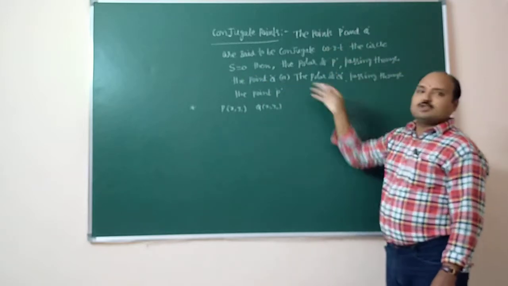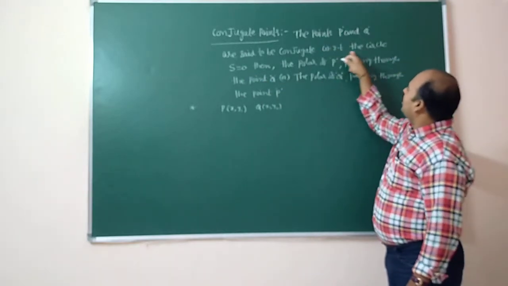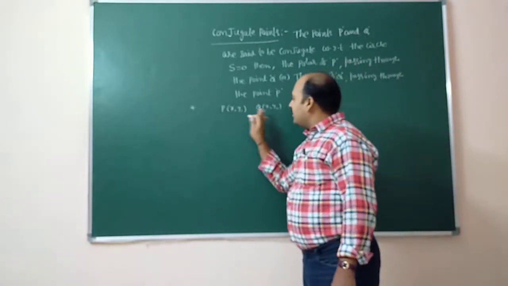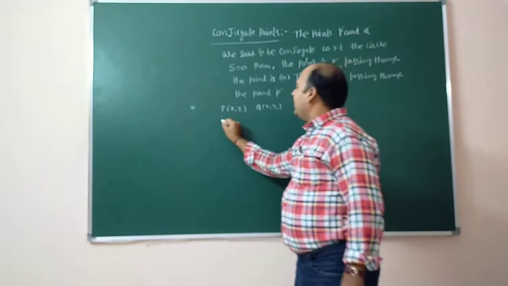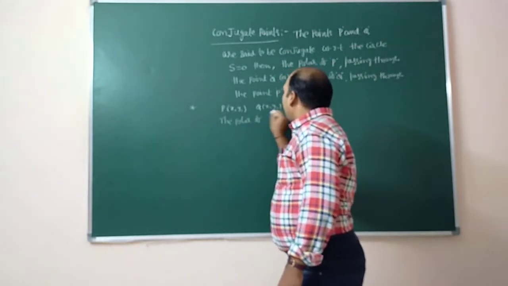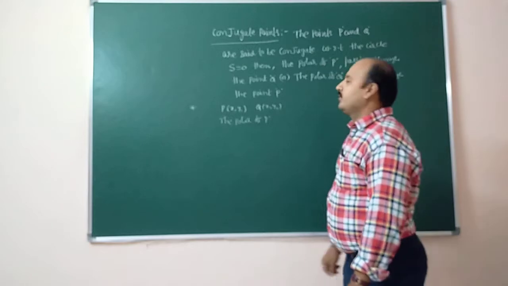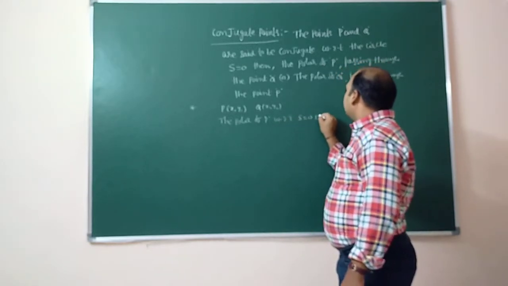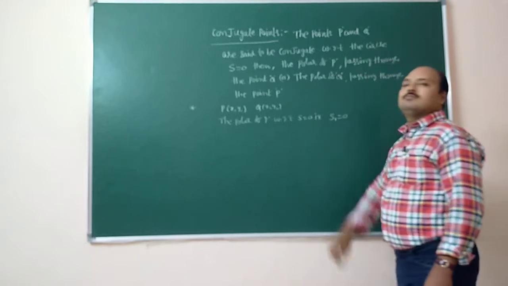According to the definition of conjugate points, first, among these two points, we consider the point P. The polar of P with respect to S is equal to 0 is S1 equal to 0.